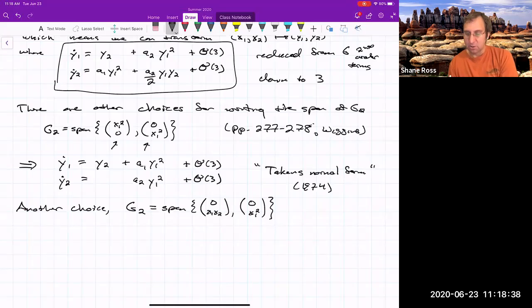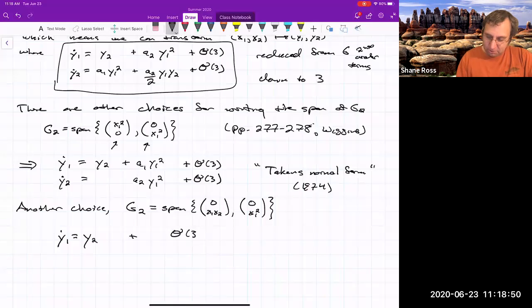Here, we put all of the second order terms into the second ODE, so that the first ODE is just linear, and then we have third order terms. There's no second order terms. We put all the nonlinearity in the second term, the y2 term.